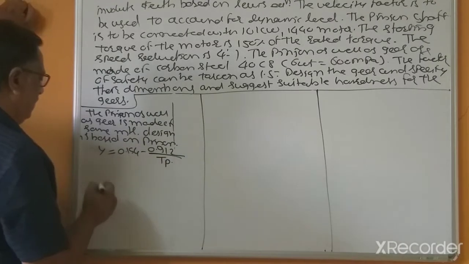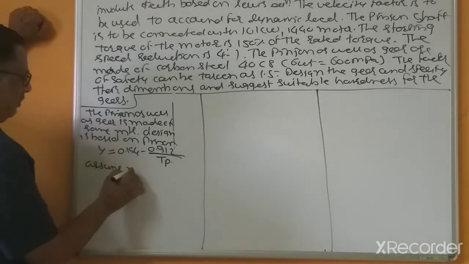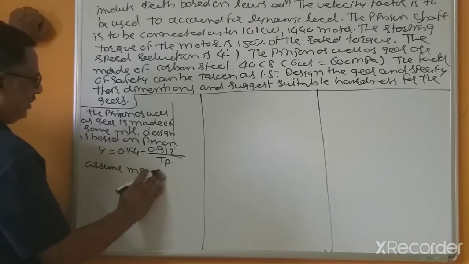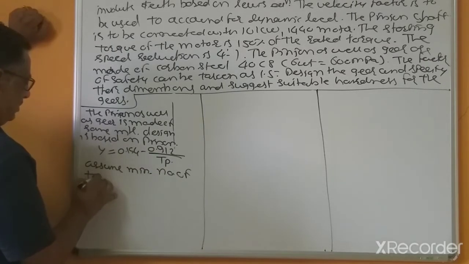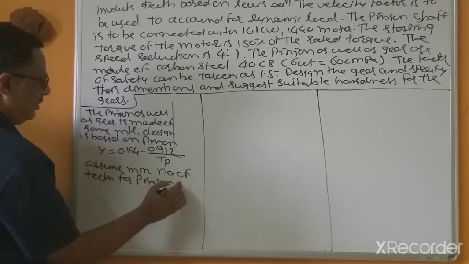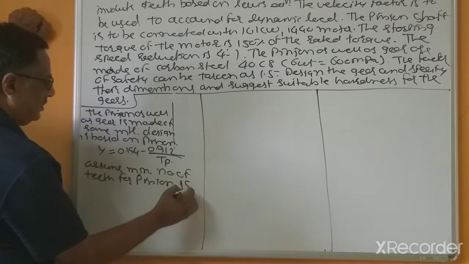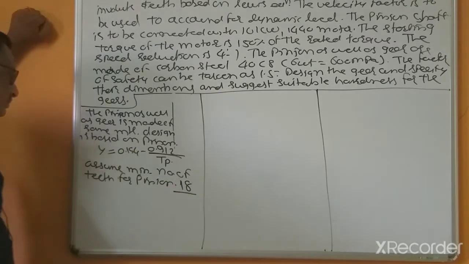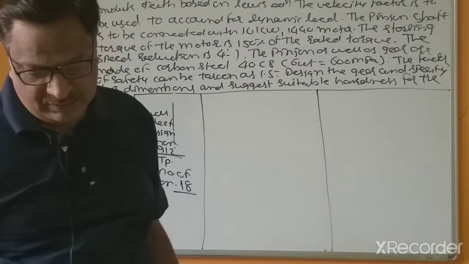TP: assume the minimum number of teeth for the pinion, because the design is based on the pinion. Suppose I decide this is 18.